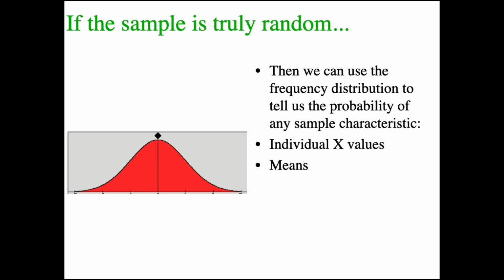But you can also do this with things like means. So you can use that frequency distribution to tell you about the probability of getting a particular mean, or standard deviations, or other statistics, for instance, correlation coefficients that are called Pearson R. So that's what's really great about picking samples at random from populations, is that then you can use that characteristic about the population to help you figure out the probability of some sample characteristic.